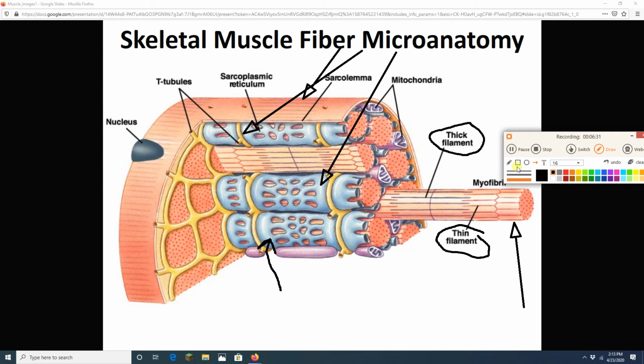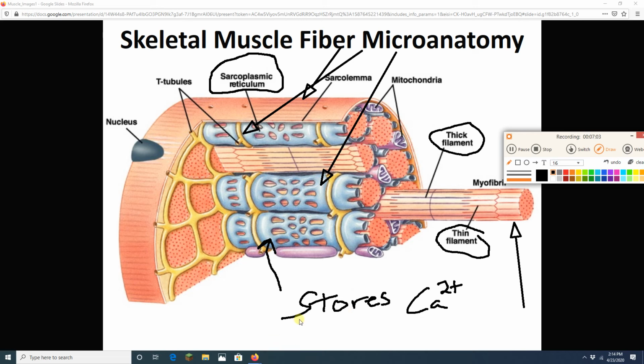And each of these blue things is part of something called the sarcoplasmic reticulum, which is like the ER, the endoplasmic reticulum of the muscle fiber. The sarcoplasmic reticulum has one big job as far as you and I are concerned. It is going to store calcium ions.